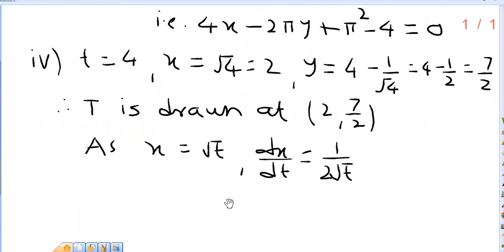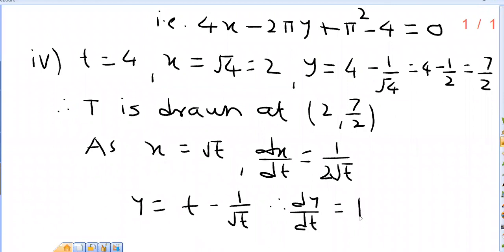Now write y. What is y? Y is nothing but t minus 1 upon root t. So what is dy dt? Dy dt is nothing but 1 minus derivative of 1 upon root t. 1 upon root t is t raised to minus half.